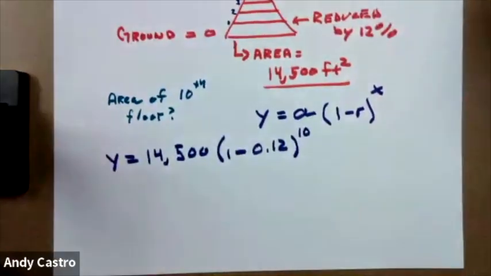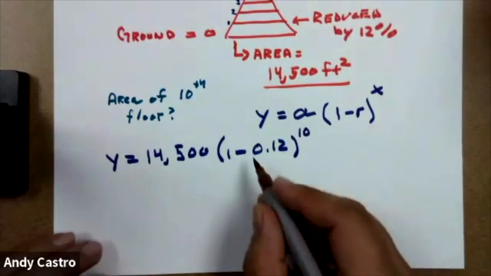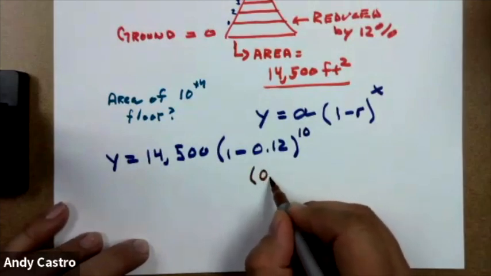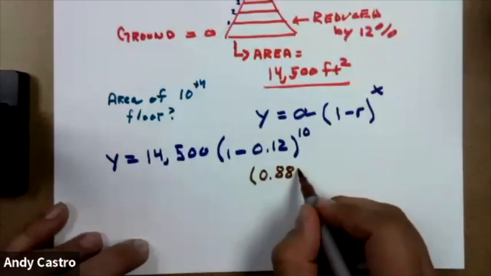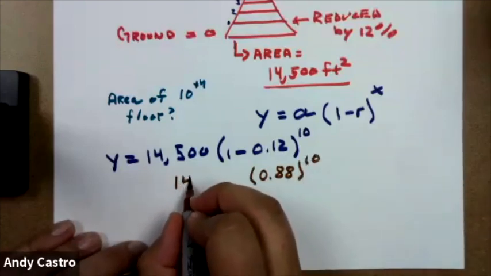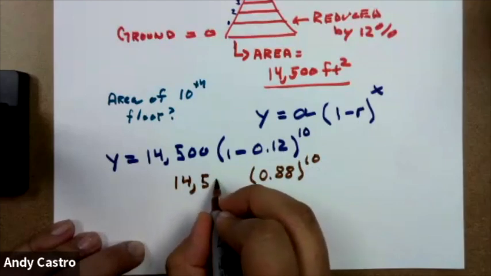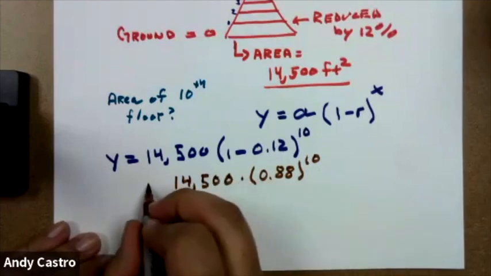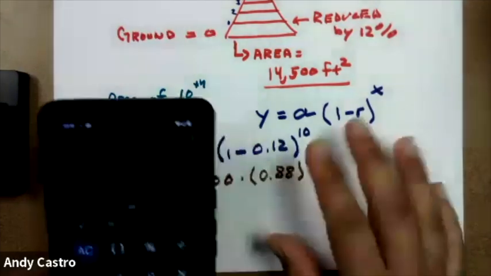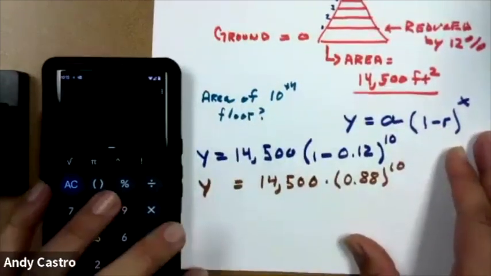All right, so let's go ahead and do our math here. This would simplify down to 0.88 raised to the 10th power, times 14,500. And I'm going to do the same thing I did before to get the accurate number.